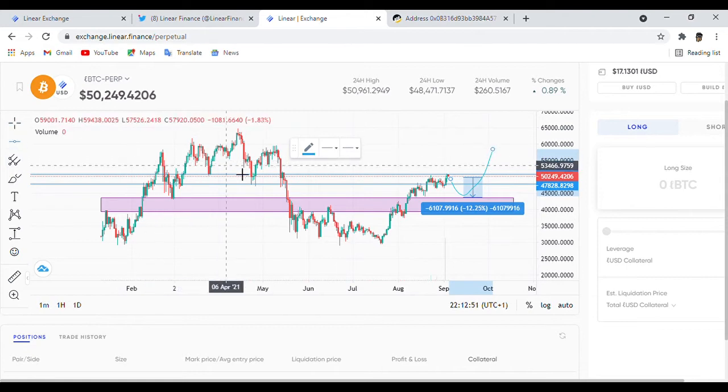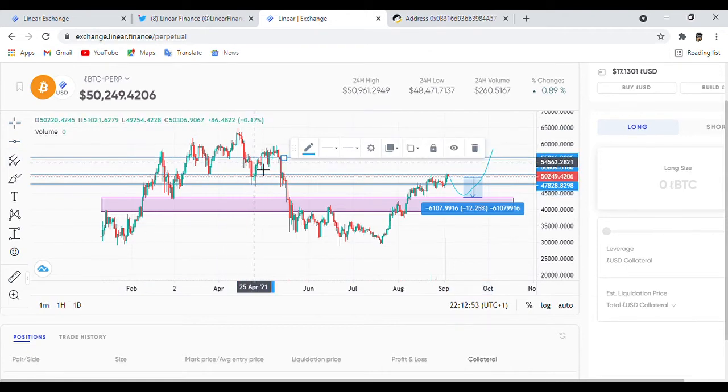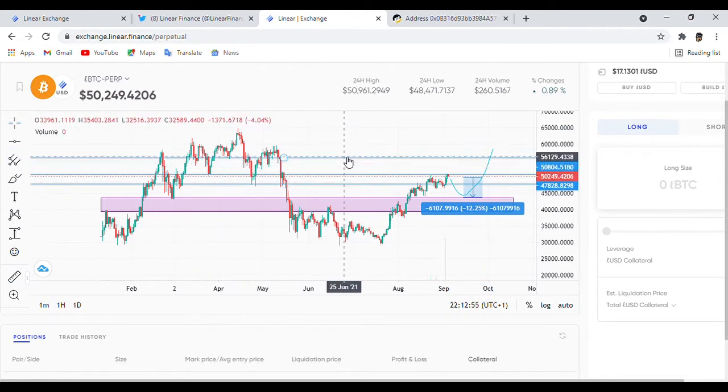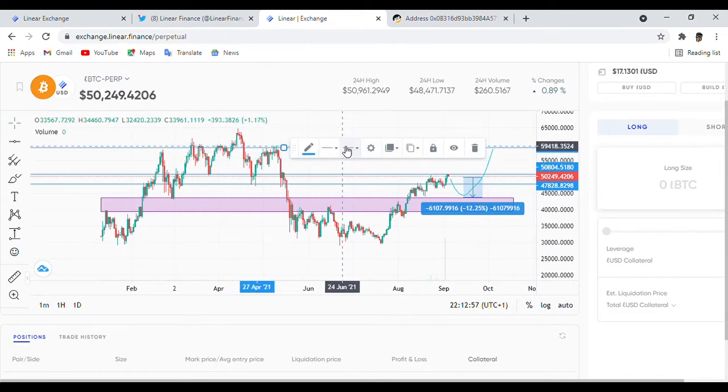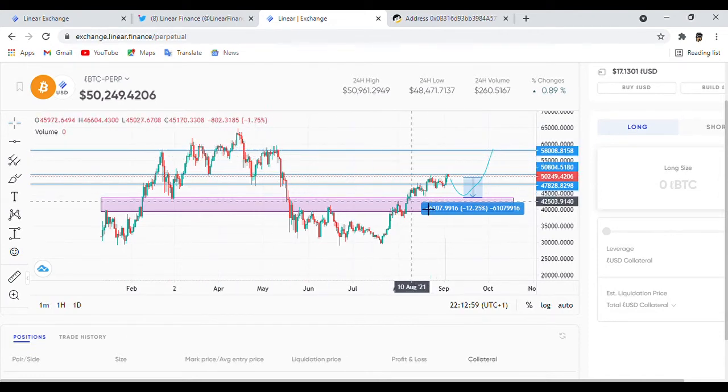We have another resistance here. So I'll be expecting a good retest to here, then a straight move up to 57,700, as a normal trader would do.